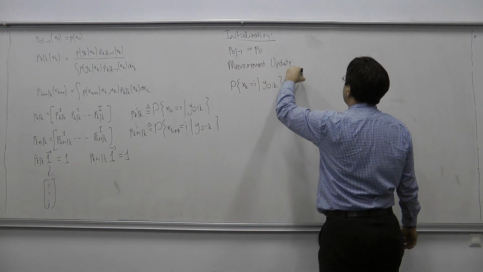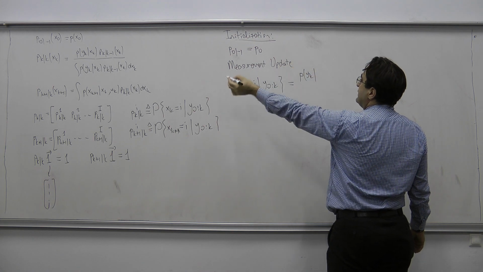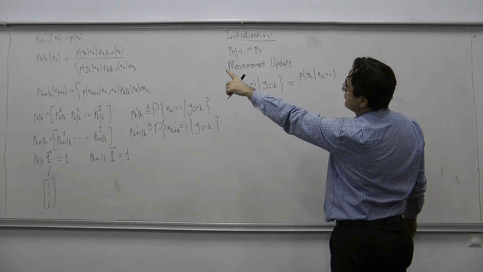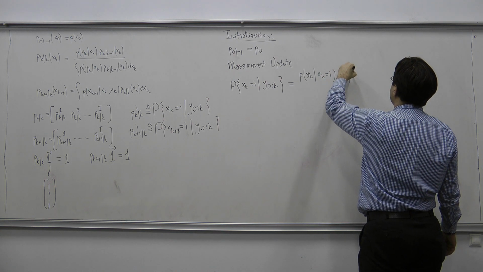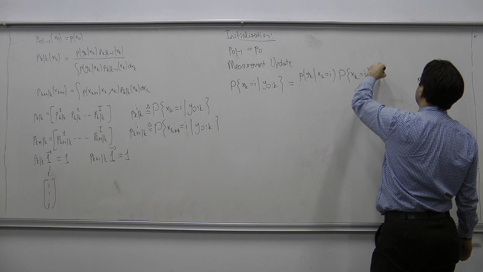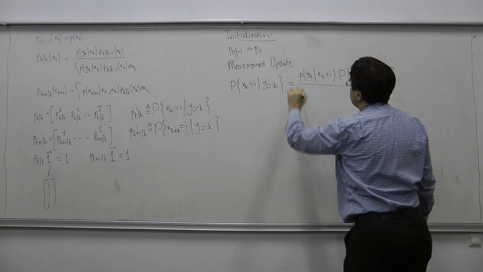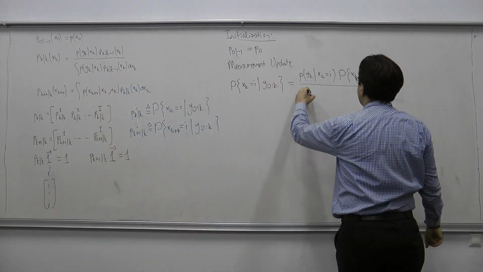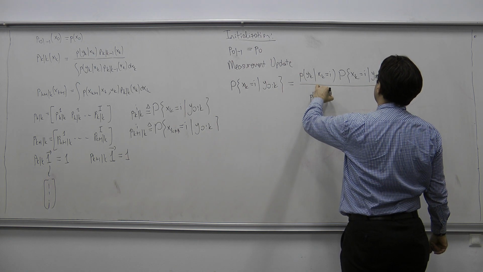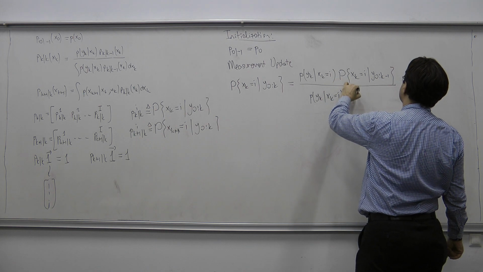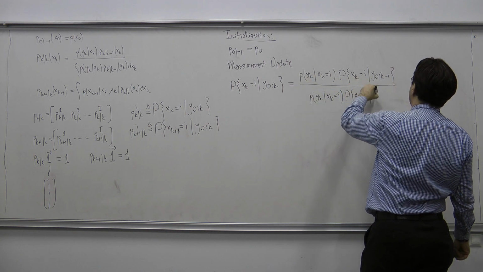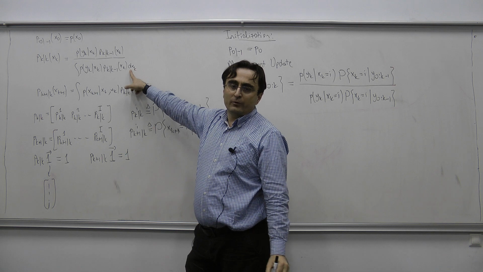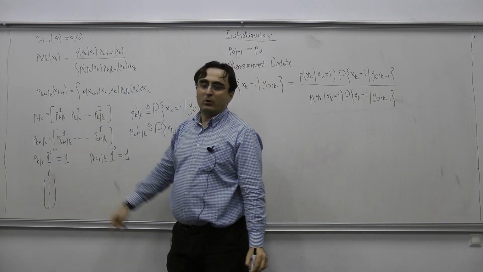Okay? That is equal to the likelihood p(y_k given x_k equal to i), times p_{k|k-1}, which is nothing but the probability x_k equal to i given y_{0:k-1}, divided by the same thing as the numerator: p(y_k given x_k equal to i) and p(x_k equal to i given y_{0:k-1}), integrated with respect to all of the state values. I'm integrating over the whole state space.